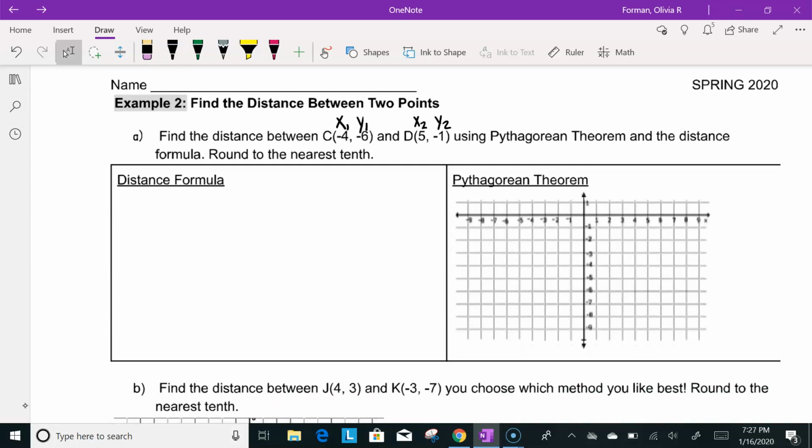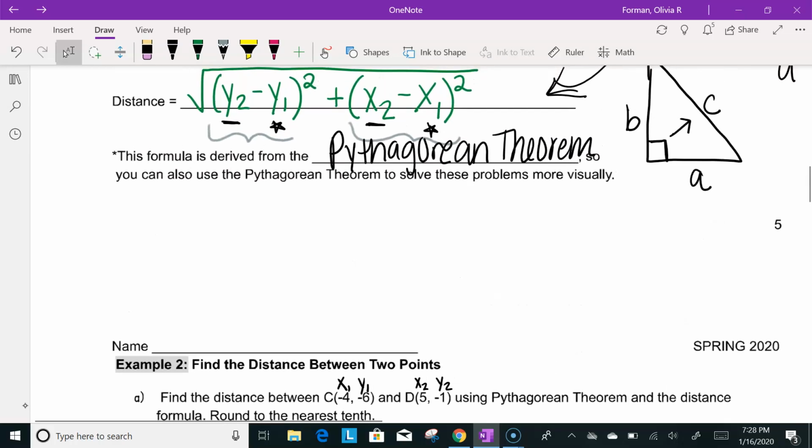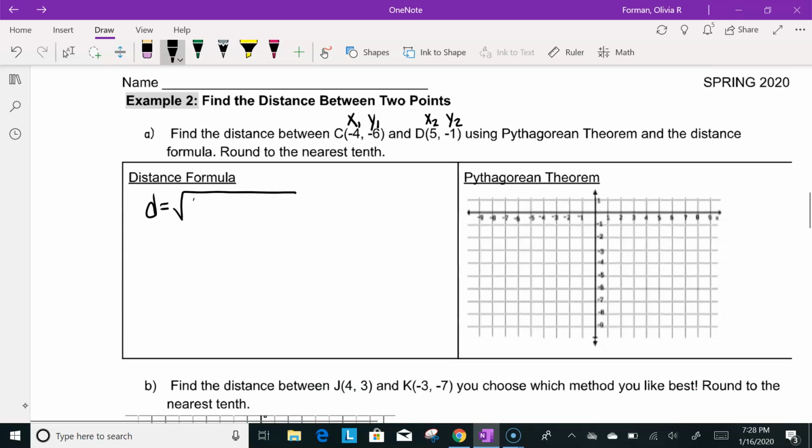So x1, y1 and x2, y2 are my two ordered pairs that I'm going to use. If I'm going to write down my distance formula, y2 minus y1 squared plus x2 minus x1 squared.